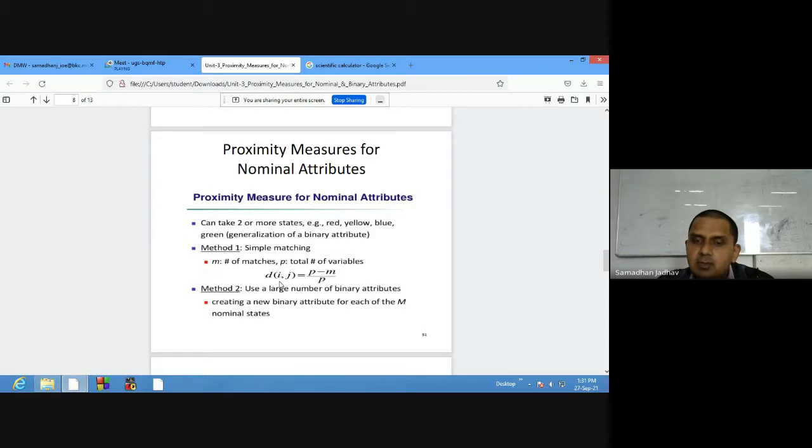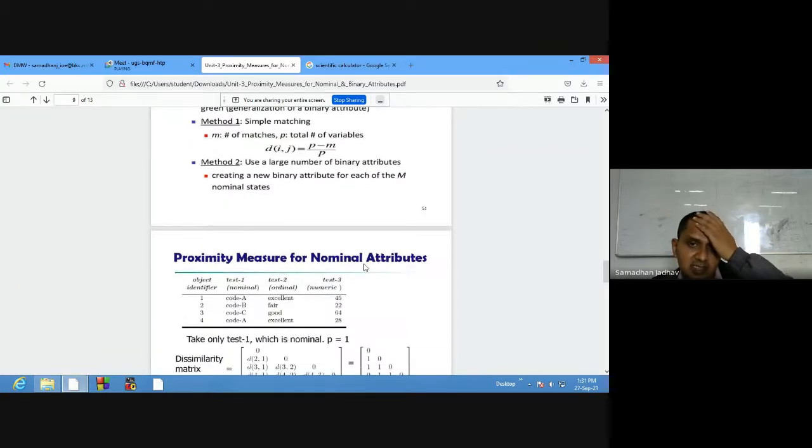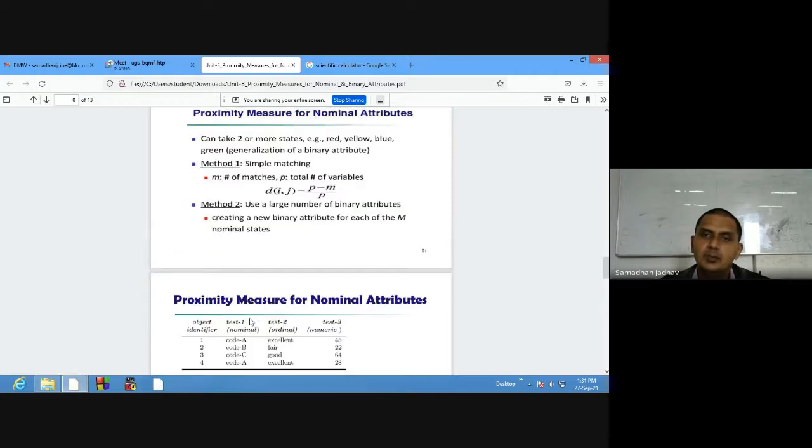Dissimilarity between object i and object j is equal to p minus m divided by p. So what is p? Total number of variables or attributes. How many nominal attributes do we have? Only one, right? So p equals 1. What is m?